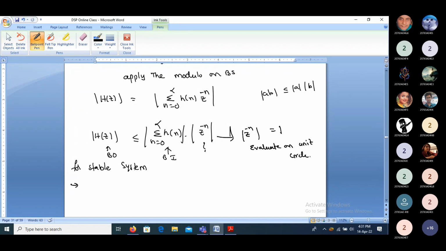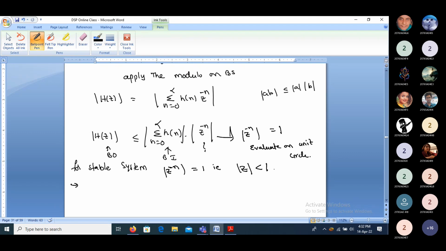So for a stable system, its impulse response, the condition is modulus of z power minus n is always equal to 1. That is the value of ROC for the stable system: the ROC includes the unit circle, mod z equal to 1.